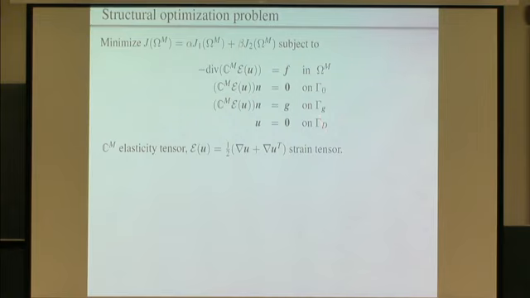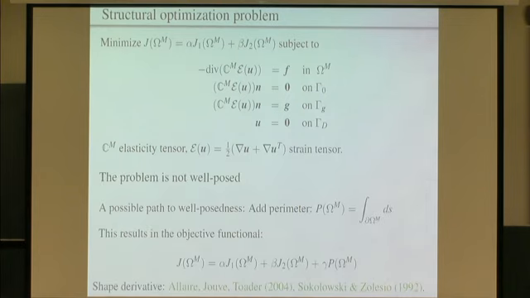Here, as I said, F was the volume force, G is our boundary force, and we've got the displacement equal to 0 on the Dirichlet part of the boundary, gamma D. Cm is just the standard elasticity tensor, and E of u is the strain tensor.